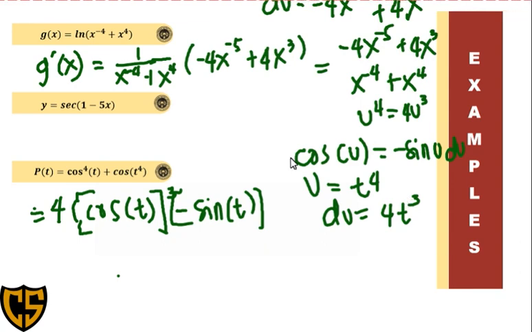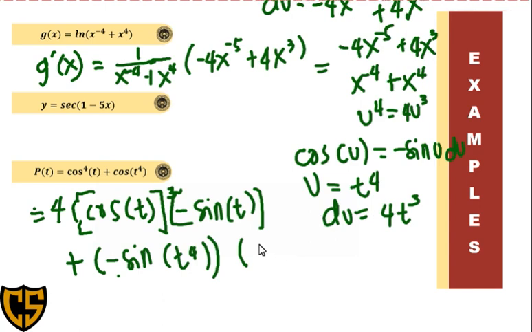So we are going to add sa sining equation for aton second term that will be equal to derivative of cosine, which is negative sine u du. So negative sine u naton is t to the fourth. So multiply sa equation naton nga 4t cubed. So we are going to rearrange ang aton nga equation.